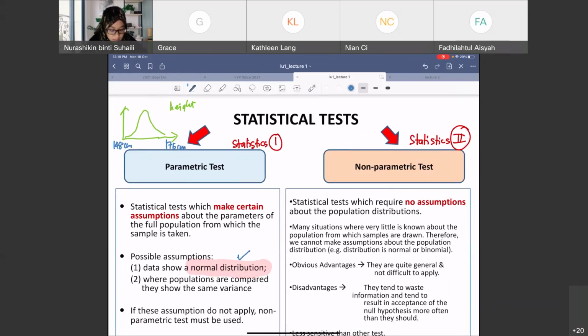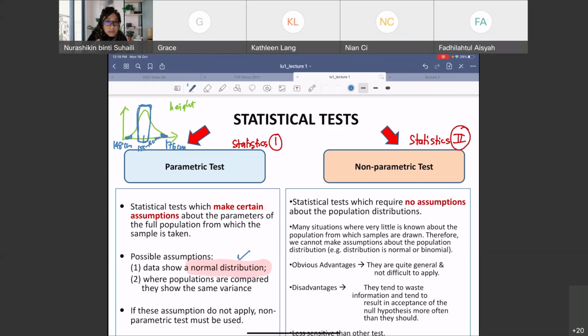Like the average, let's say for Asian women, maybe 155 to 160, for example. Most of the women will have this height, and a very small portion will have this height, and a very small portion will have this height. This is very common.